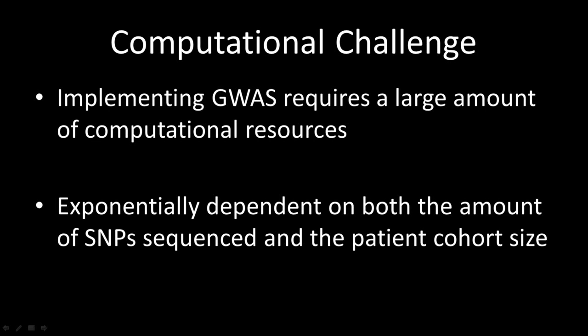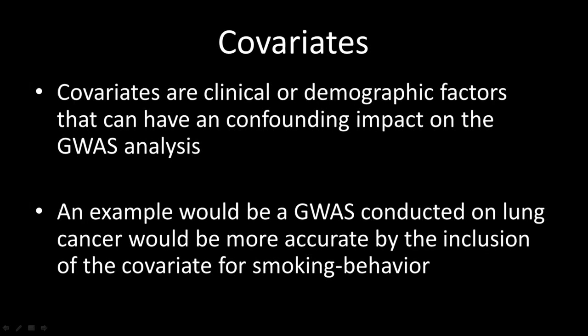As a result, implementing a GWAS analysis requires a large amount of computational resources. It is exponentially dependent on both the SNPs being sequenced and the patient cohort size. The addition of covariates further increases the computational demand of a GWAS analysis.